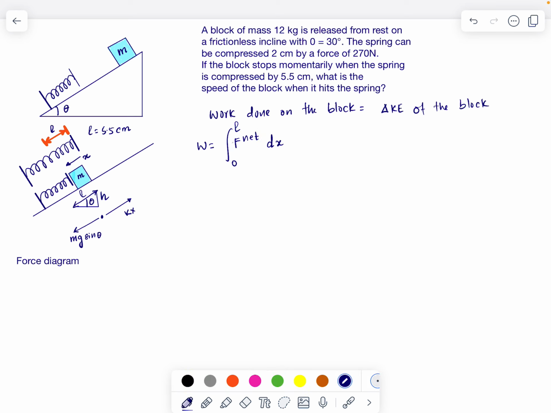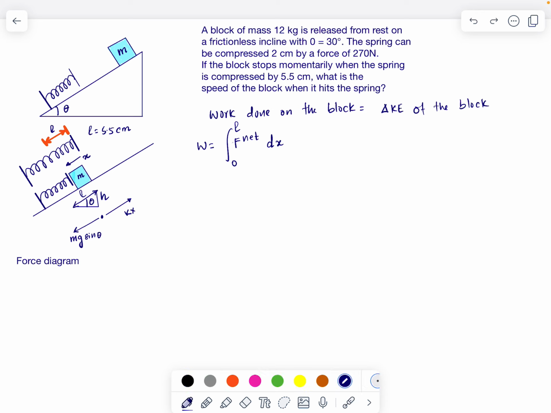So the F net, if you look here, comprises two portions. If you look at the force diagram along the inclined plane, the downward force due to gravity is mg sine theta. Okay, the upward force that resists the downward motion of the block is kx, and this is the resistance of the spring.